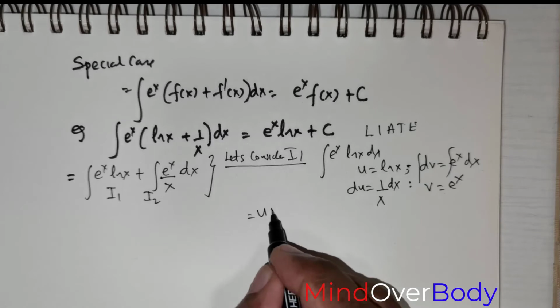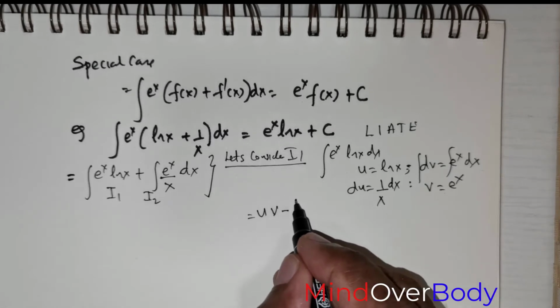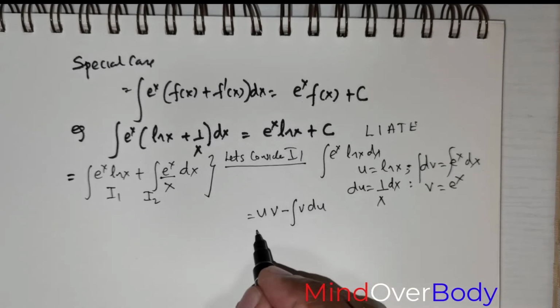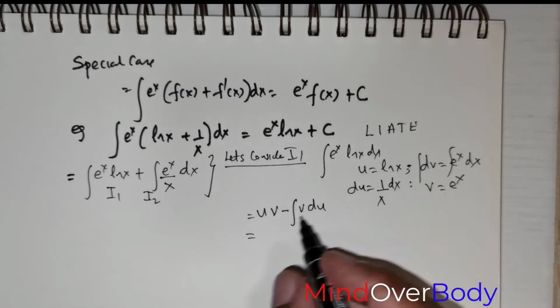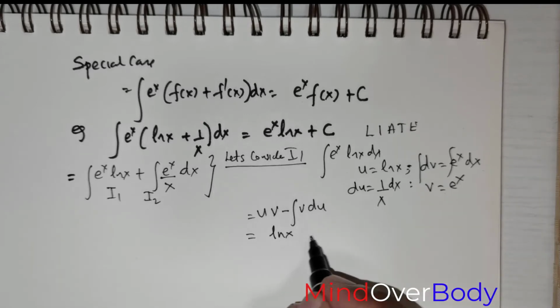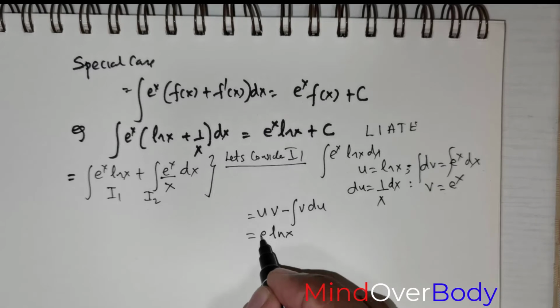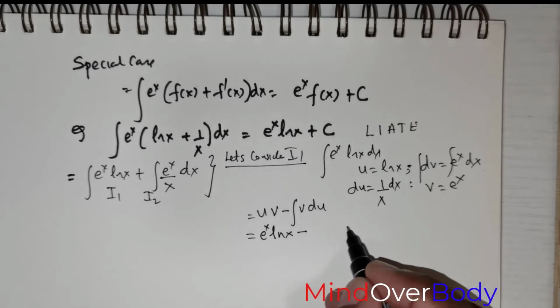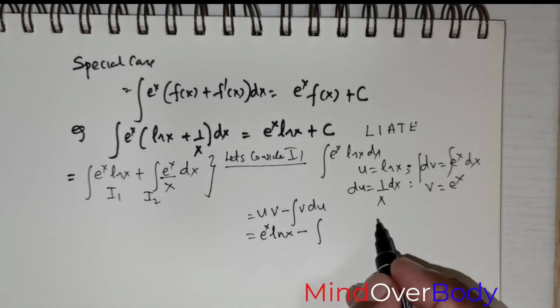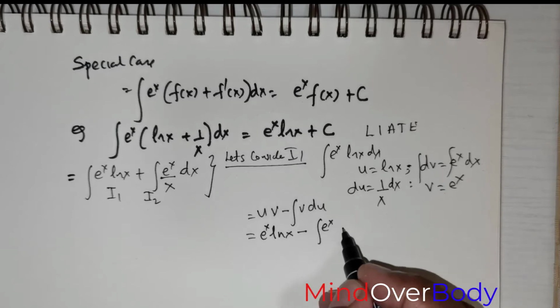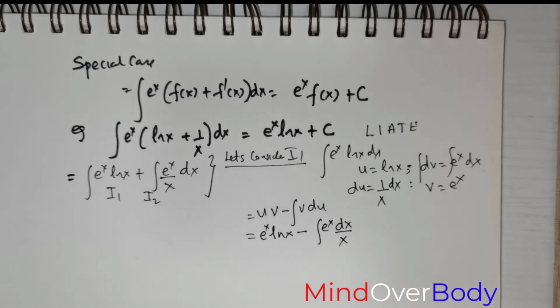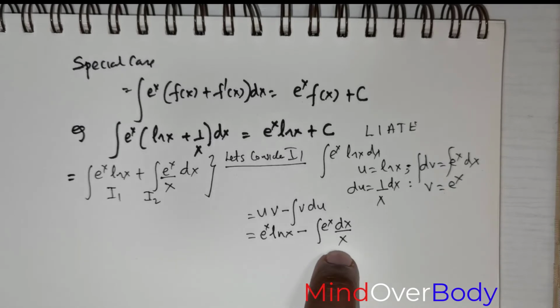If I were to substitute this in the formula uv minus the integral of v du, u is ln x, v is e raised to the power of x, minus v, which is e raised to the power of x, times du, which is dx over x. So this is what I've got.